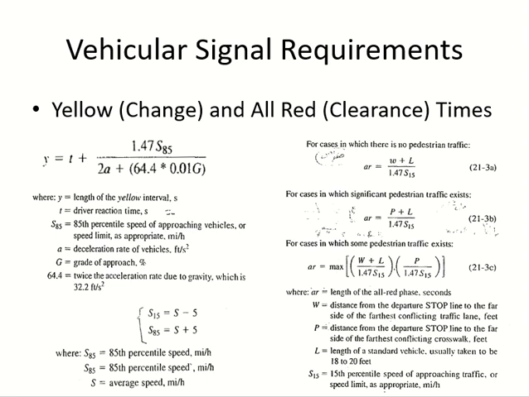This slide shows you what else we call the yellow time. We call it change interval, and all red time is also called clearance. To calculate yellow time, we use this equation.